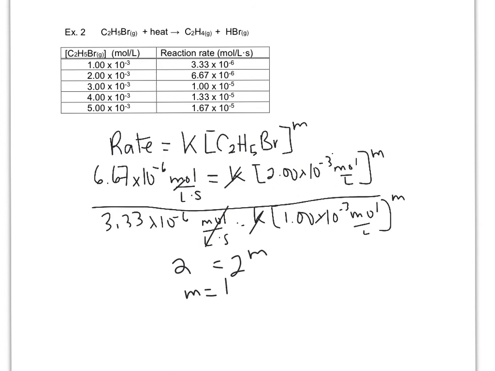So R is equal to K times C2H5Br to the 1. So now we solve for K by picking a trial and a rate.